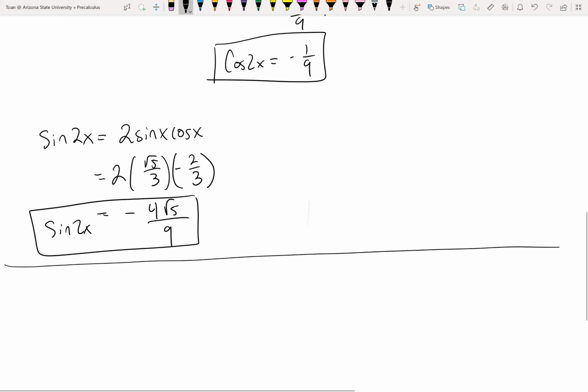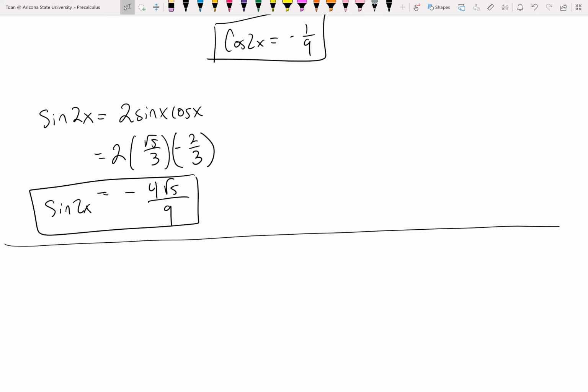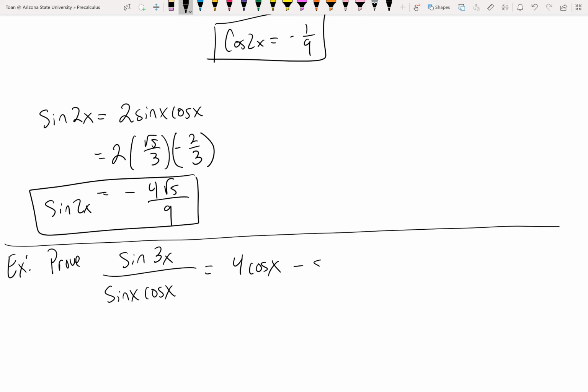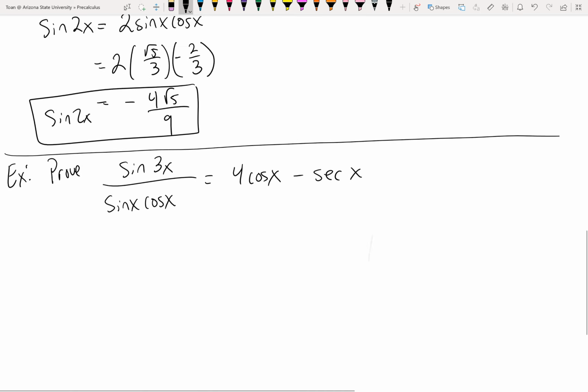We did simplifying, right? So suppose they asked you to prove that sine of 3x over sine of x cosine of x is equal to 4 cosine of x minus secant of x.